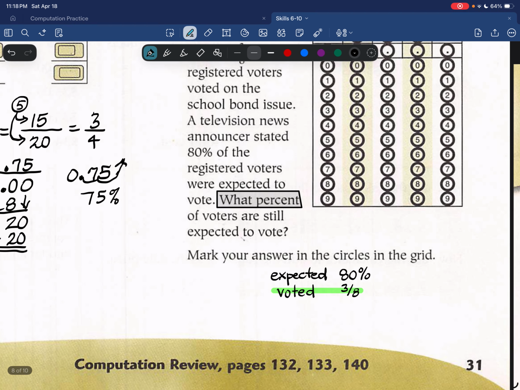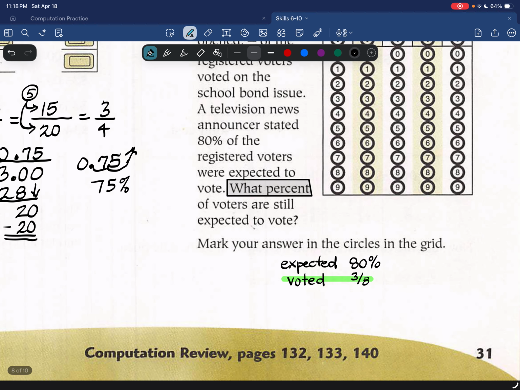So to do that, one way to do that is 3 divided by 8. I will show you the other way to do that. That won't go, so we have to add a 0. 8 into 30 goes 3 times. That is 24, and that leaves a remainder of 6.